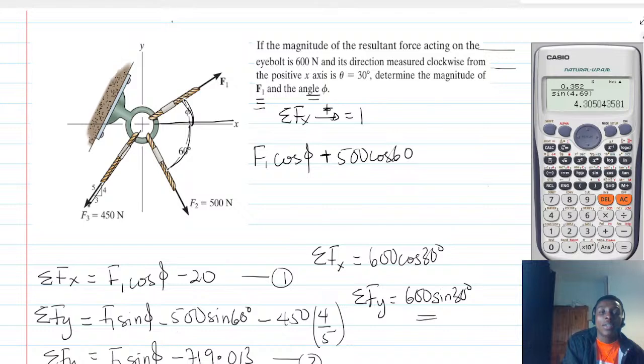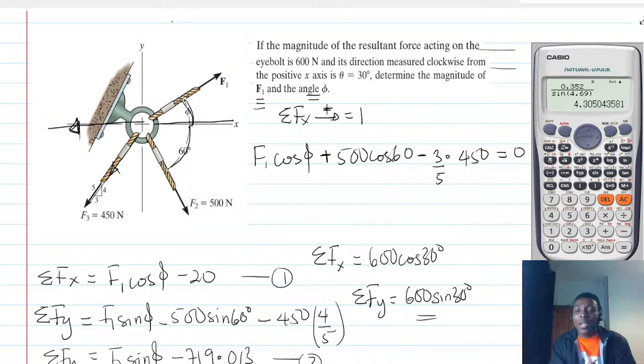And then this last force, the x component of this force will come this way, so it is going to be negative: 3 on 5 multiplied by 450, equal to 0. Are we together?